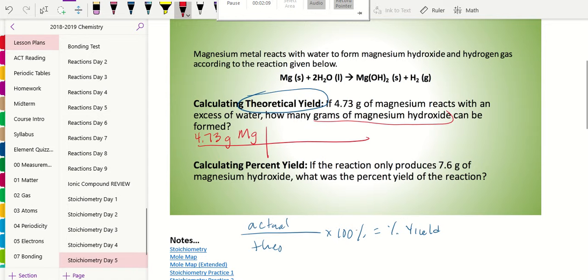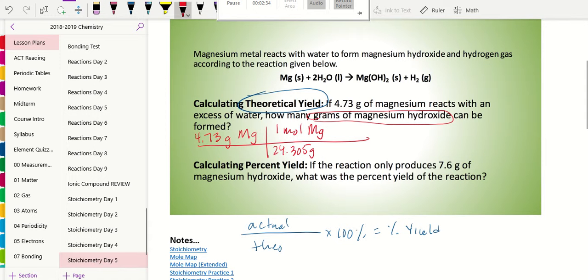Grams of magnesium hydroxide. How do I go from grams to moles? Molar ratio. No. Molar mass. Yeah, that's what I was trying to get at. What's your molar mass of magnesium? 24.305. 24.305 grams for every 1 mole of magnesium.